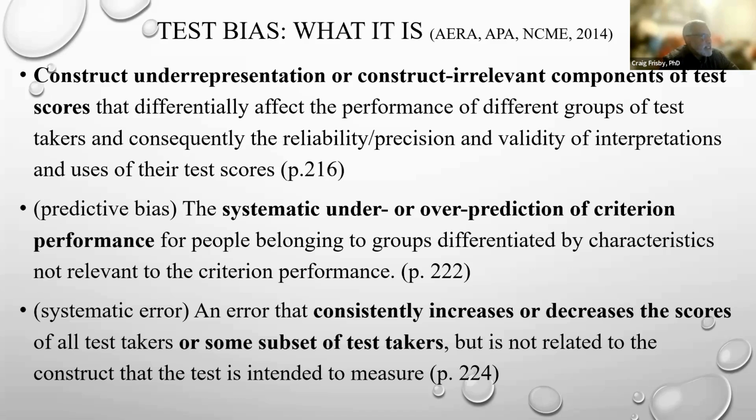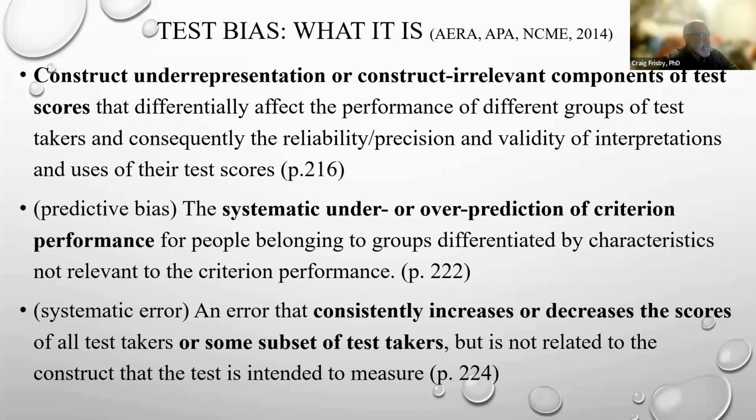What they say is that bias, in their view, and again, this is a panel of testing experts from all over the world, is when a test is measuring what they call construct underrepresentation or construct-irrelevant components of test scores.